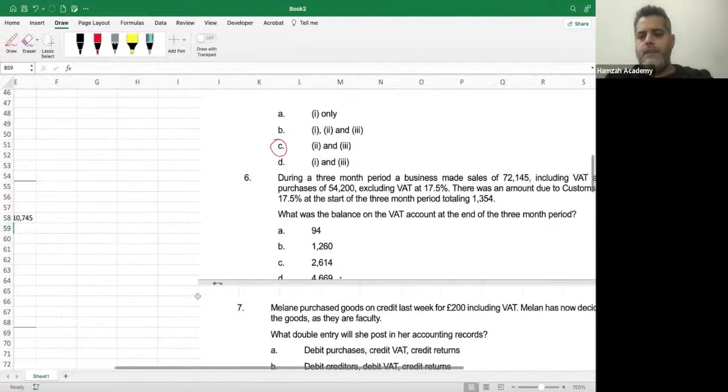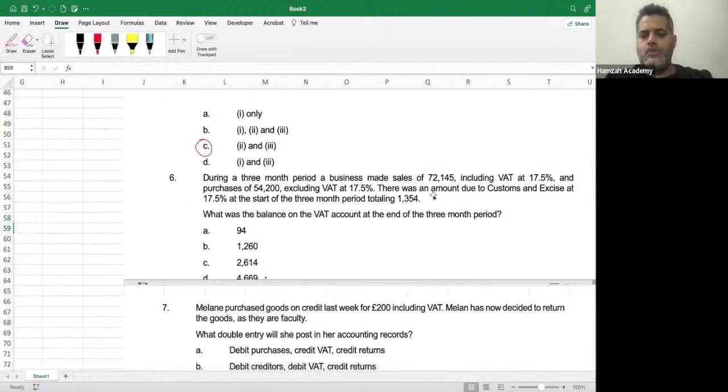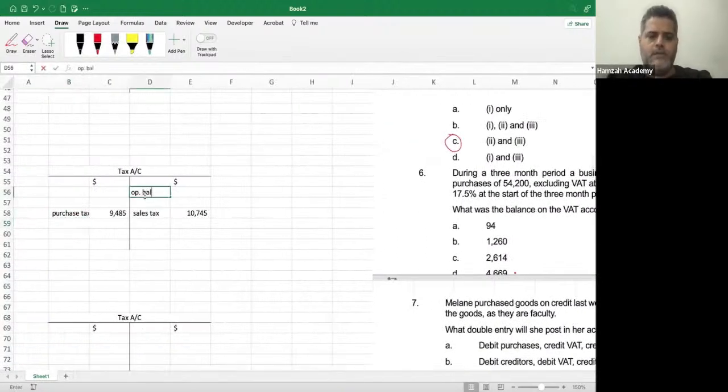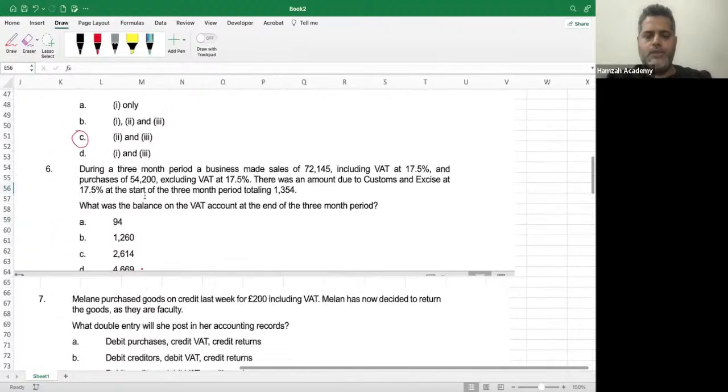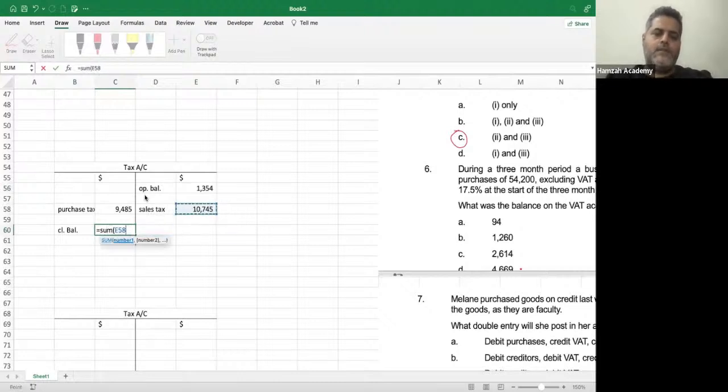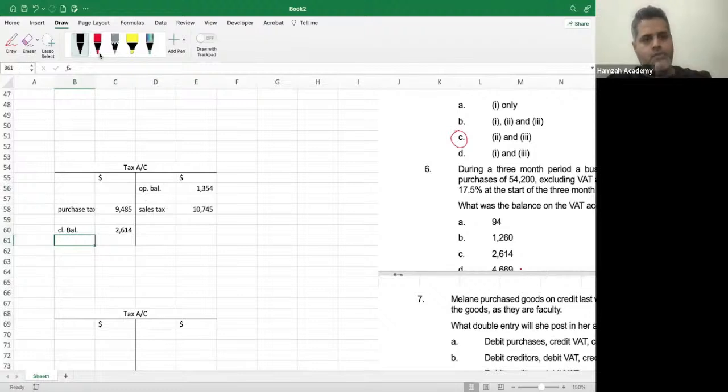And then the balance at the start of the period was due, so that is the opening balance, 1354. And then we are going to have our closing balance over here. That is going to be the sum of these two minus this, 2614. So this is the correct answer, right?